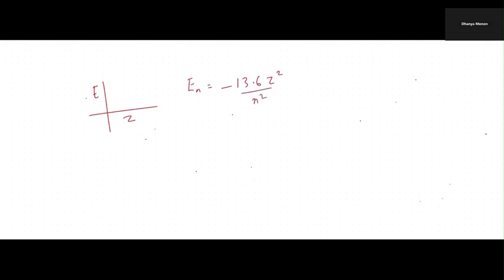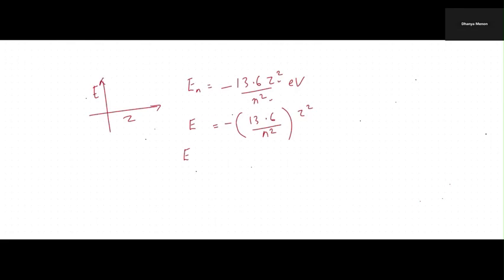Even if you are using the joule one, no problem, because we are concerned with Z and N. So I'll keep the minus outside: minus 13.6 by N square times Z square. So they are plotting energy and Z.